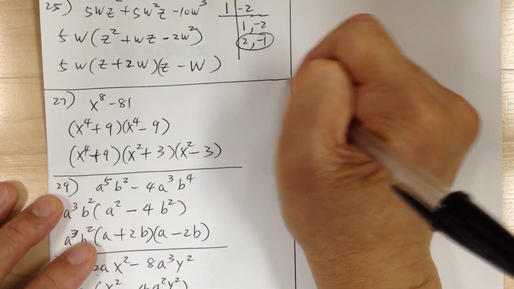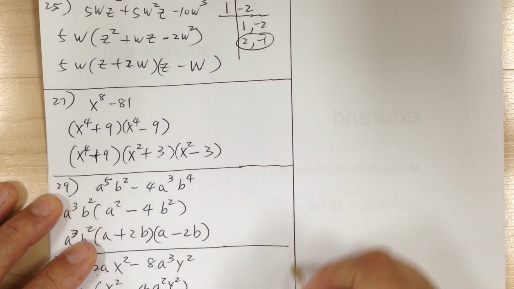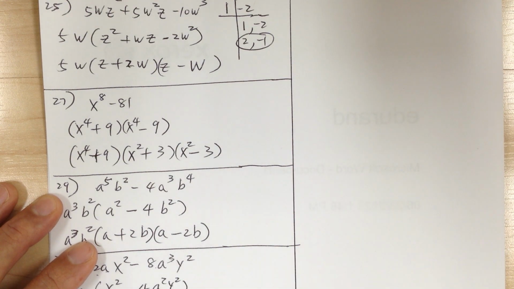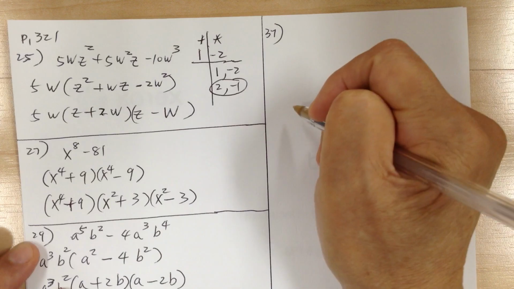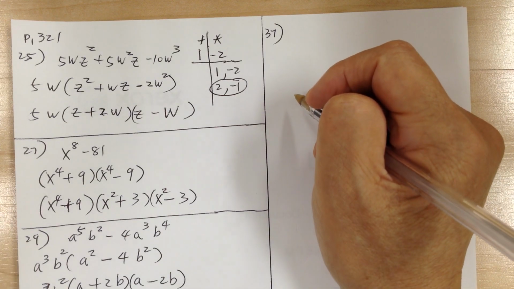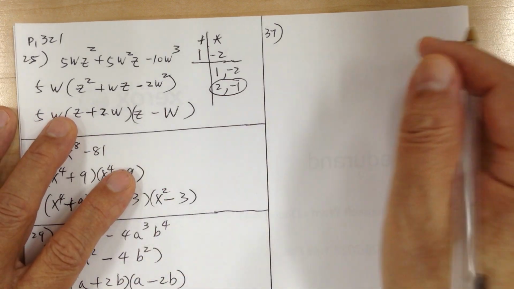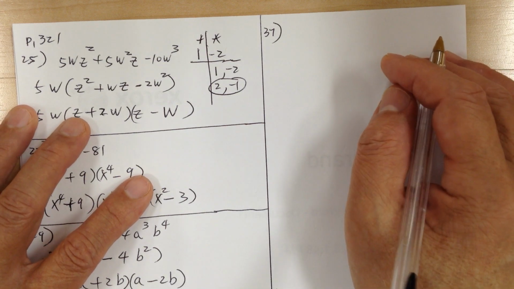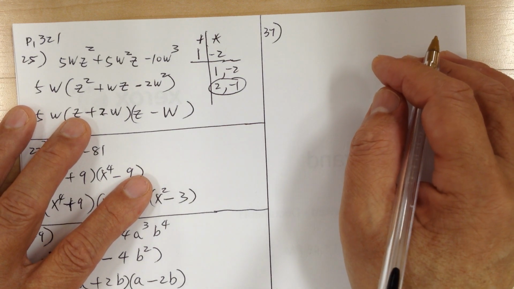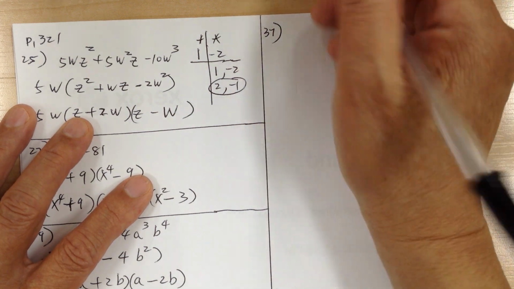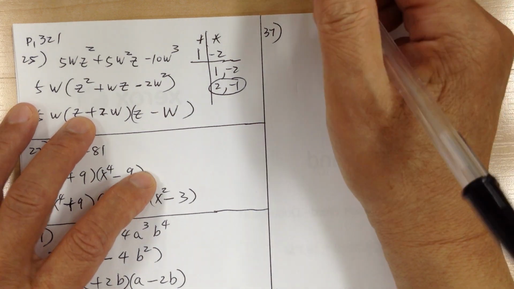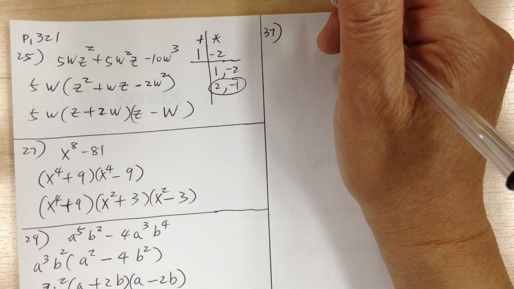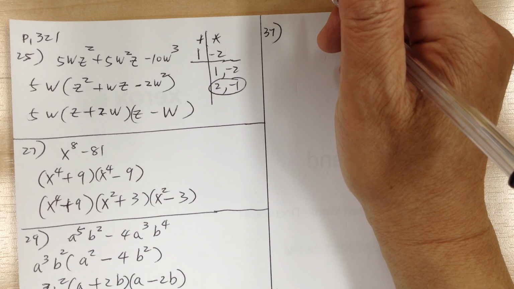Let's go to 37. Okay, again, first what you need to do is arrange things in the correct order. But this is a reverse order. Since this is grouping, you can factor in the correct order or reverse order.